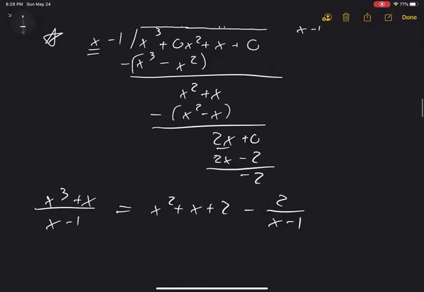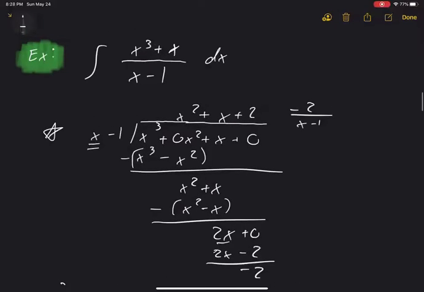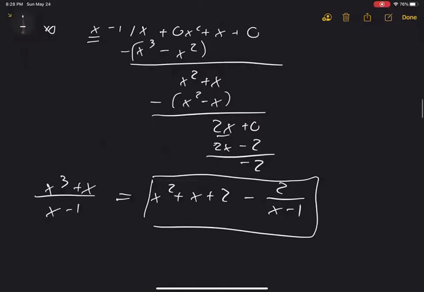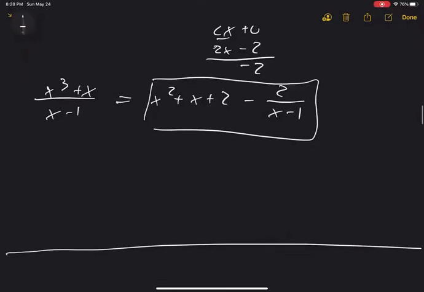All right? Now, let's replace this in our integral with the result of our division. So the integral of x cubed plus x over x minus 1 dx is equal to this integral.